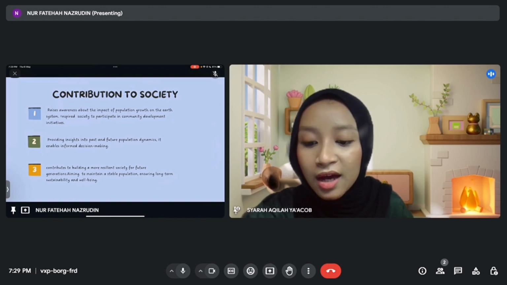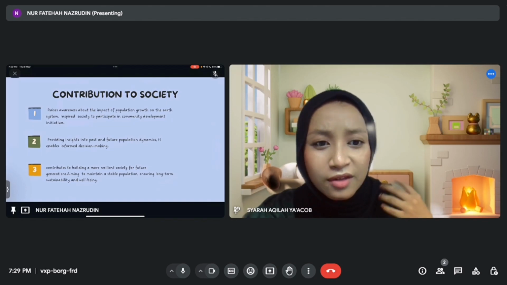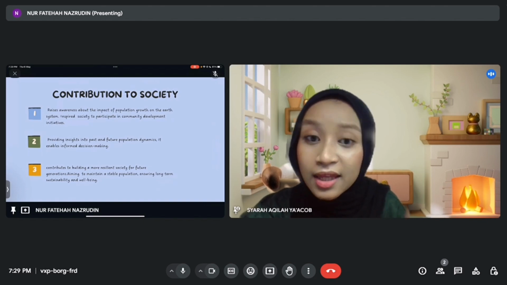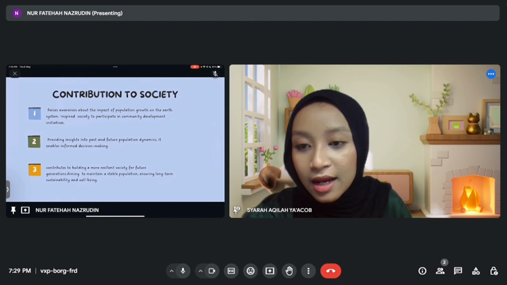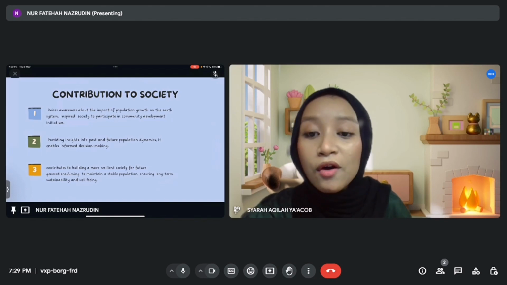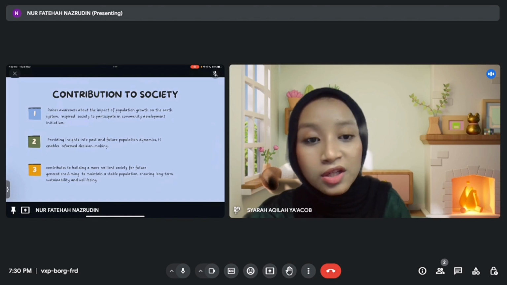By having a deeper understanding of population dynamics, decision makers can make more informed choices regarding various aspects of society, economy, as well as policy. And last but not least, it contributes to building a more resilient society for future generations, aiming to maintain a stable population, ensuring long-term sustainability and well-being.